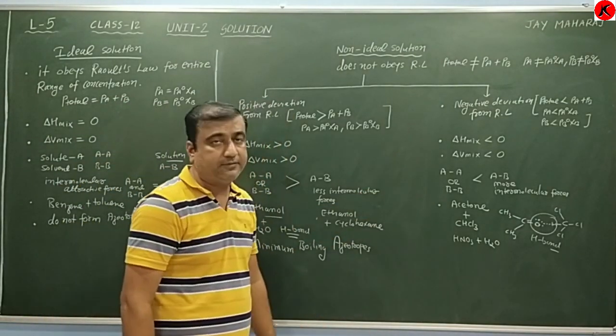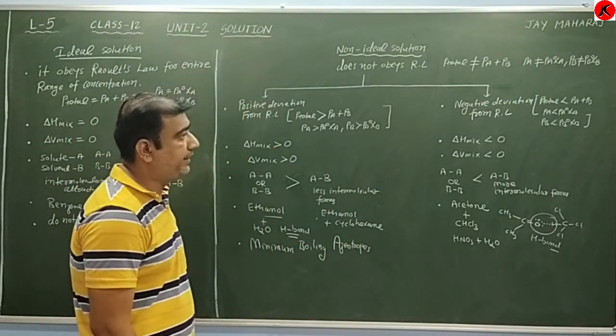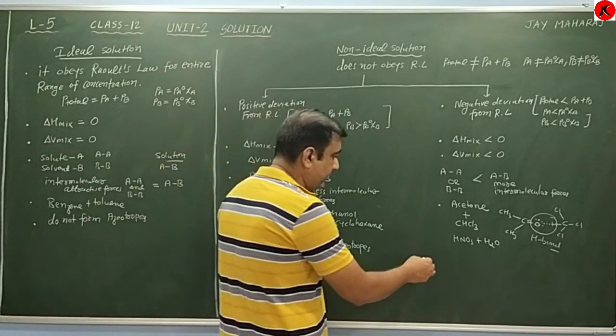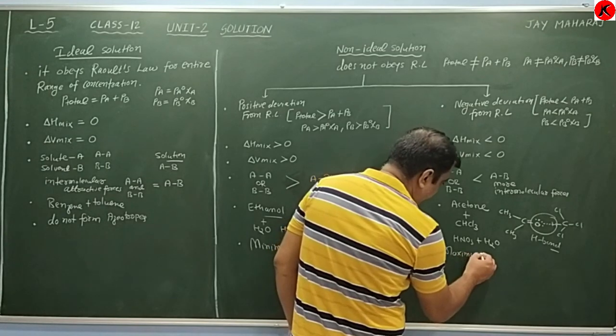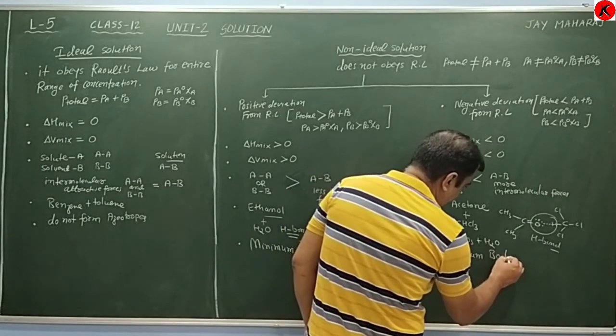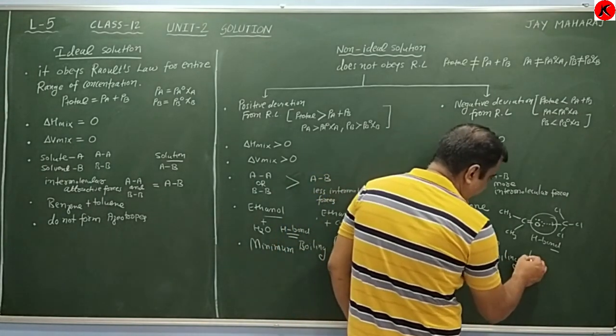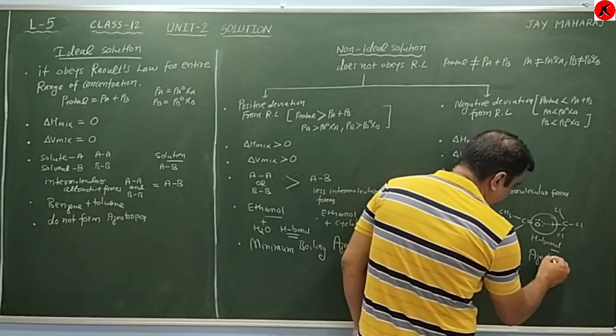Obviously, a solution having negative deviation from Raoult's law forms maximum boiling azeotropes.